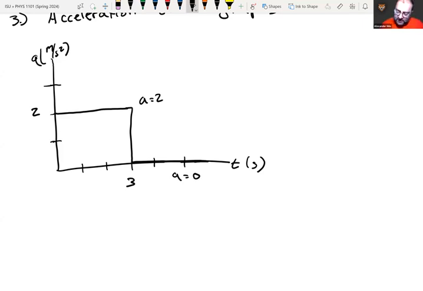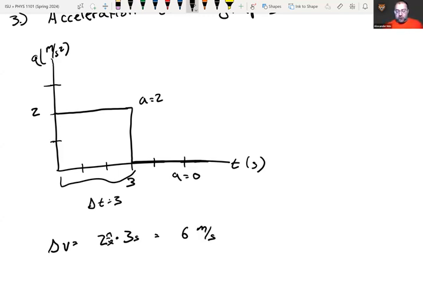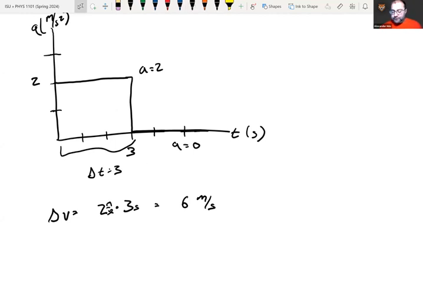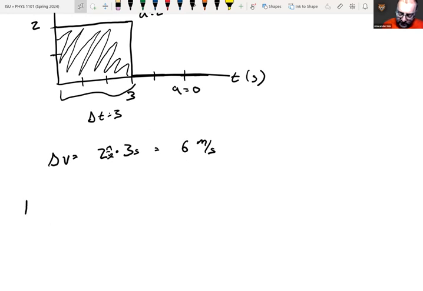If you do that for 3 seconds, so that delta t was 3, then your total delta v would be equal to 2 meters per second squared times 3 seconds, which is equal to 6 meters per second. You'll notice the units actually cancel out on that one. Well, your delta v is equal to 6 meters per second. Once again, that is just the area of this thing that we drew right here. Okay, so that's the delta v.